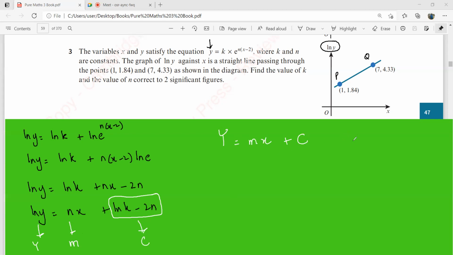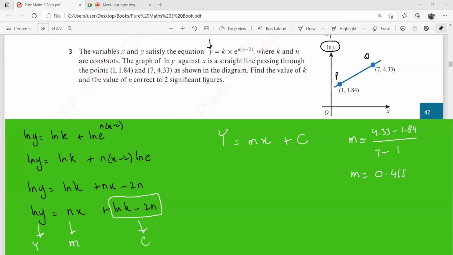Now let's find the gradient first of all. If you have found that, tell me quickly, 4.33 minus 1.84, y2 minus y1 over x2 minus x1. So what is this gradient, bacho? 0.415.